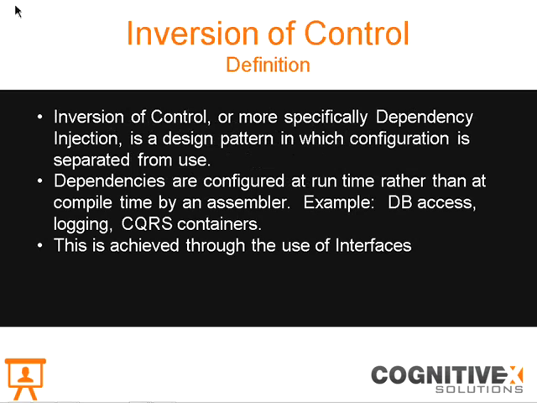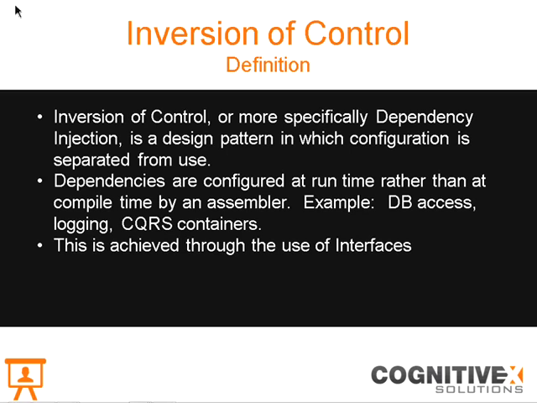Specifically, we're going to be looking at what's called dependency injection, which is a design pattern in which configuration is separated from use. Basically, that means that normally when you're writing classes, the dependencies for all of your different classes and services, you normally end up hardwiring them into the constructors of your classes. With dependency injection, you actually separate the business logic of your classes from the underlying services like database and logging and all of that, and have an external system.